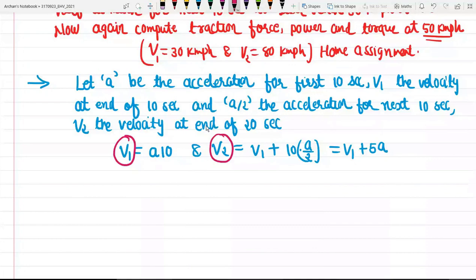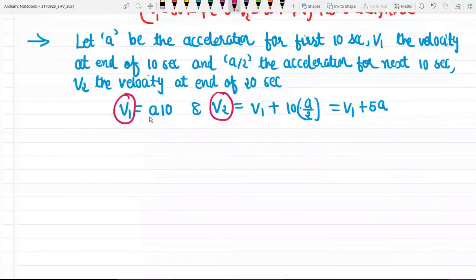Now we know V1 is equal to 10A, right? So put these values in the equation of V2. V2 is equal to V1 plus 5A, so V2 is equal to 10A plus 5A, that is 15A, and from this acceleration A is equal to V2 divided by 15.